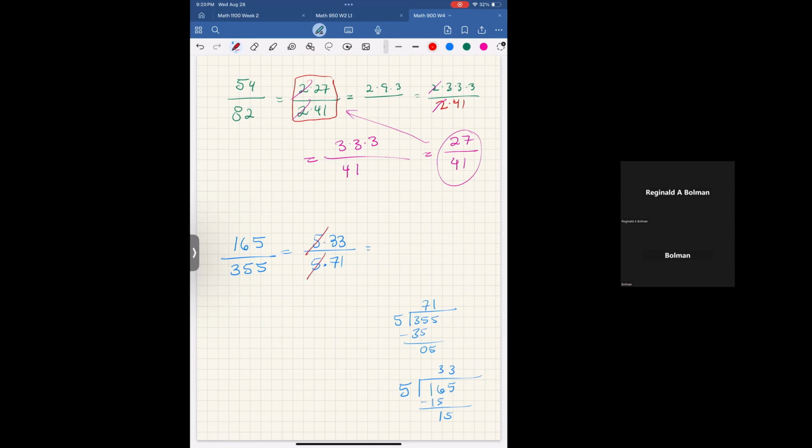We'll go ahead and divide out our 5, and that will give us 33 over 71. And this is our simplest fraction. Now, not necessarily the most useful fraction, but the simplest fraction. It would still be rather challenging to take 33 parts from a quantity that has been sliced 71 times. But can it be done? Of course it can be done.